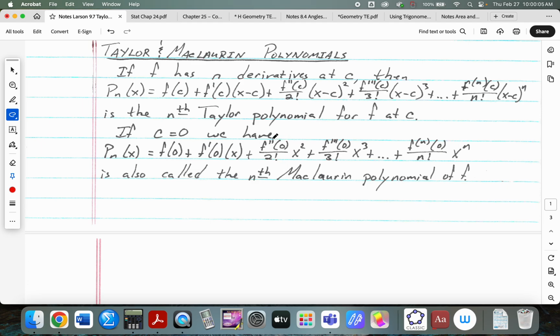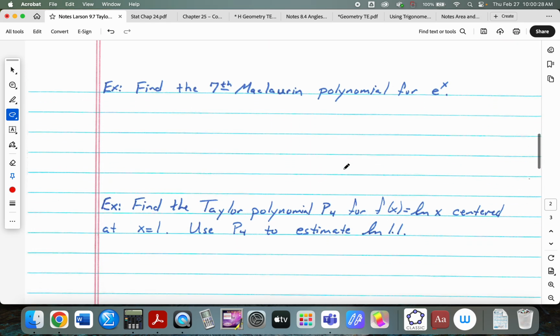And you notice that how many derivatives you take matches this, which makes it pretty easy. That's always going to be true. That's called the Maclaurin polynomial of f. You can also call it a Taylor polynomial for f centered at 0. It's the same thing.